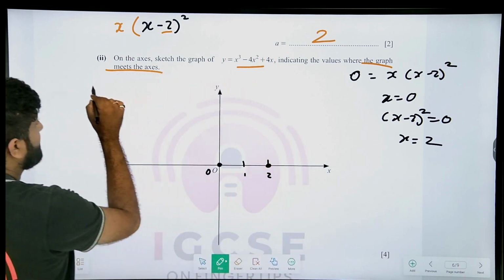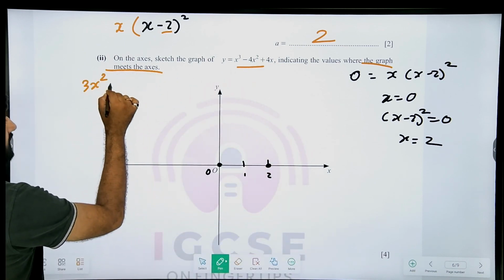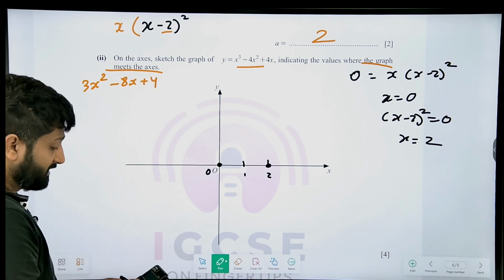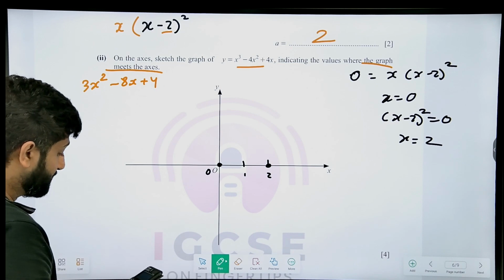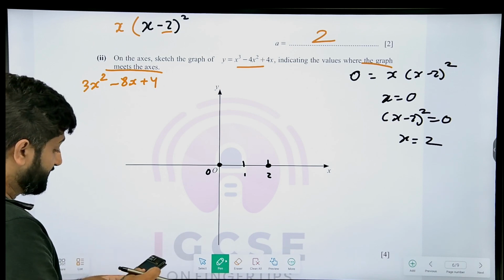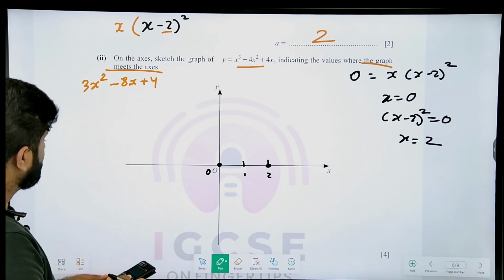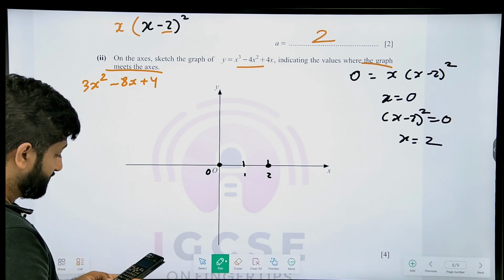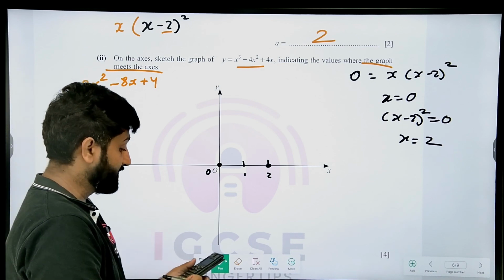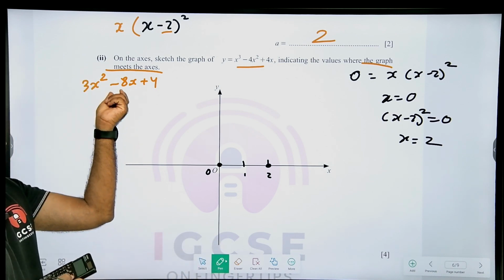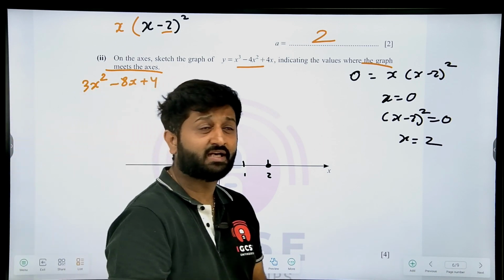So I'll find out dy by dx, that is 3x square minus 8x plus 4, right? 3x square minus 8x plus 4. Is there any way that you can factorize this? 4 3s are 12 and negative 8, let me just, yes, I have to factorize this in such a way that on addition I should get negative 8 and on multiplication I should get 12.